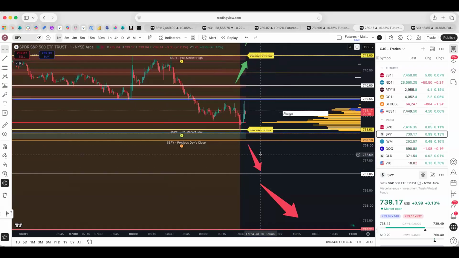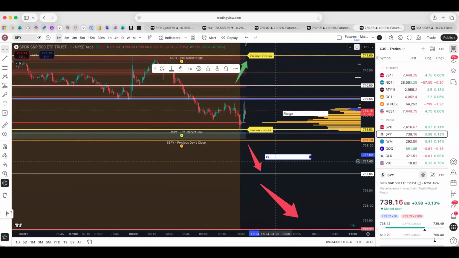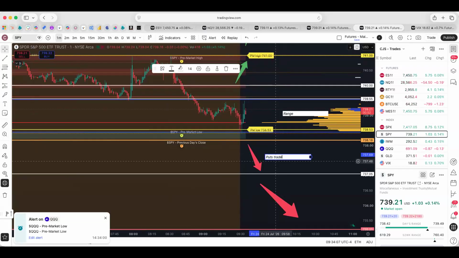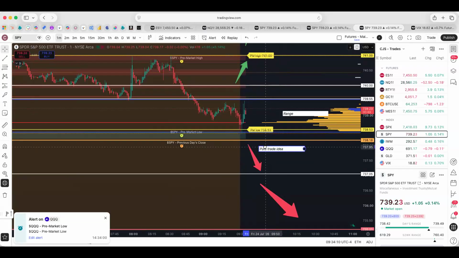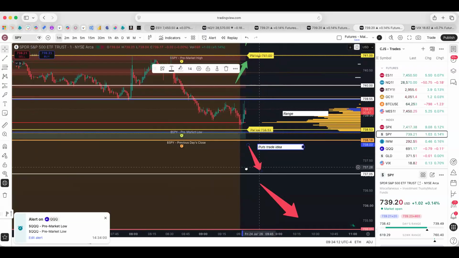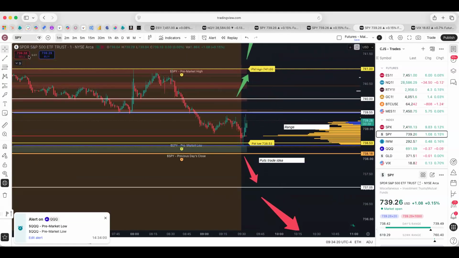So for puts, a break below previous day close, all the way down to 737.05, okay? That's your put trade. For calls, here's a trade idea.